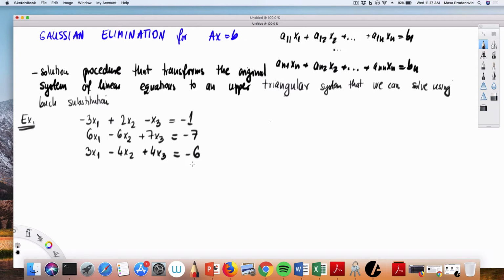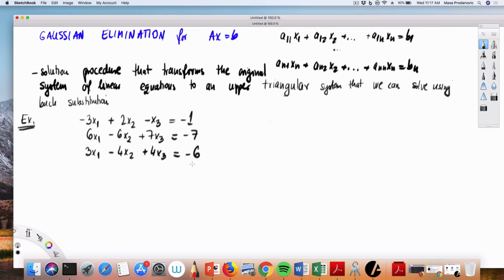So the basic idea is the following, or this is our guiding principle. Every time I multiply one of the equations by a constant, I'm not doing anything to the solution of the system. I can multiply, I can divide, as long as I'm not using 0. I can also multiply one of these equations by one constant, another one by a different one, and add them up.